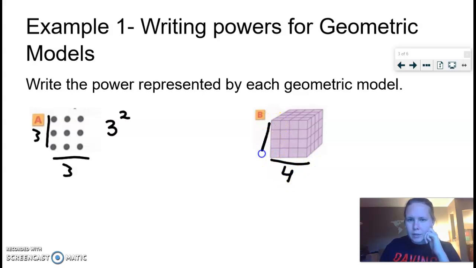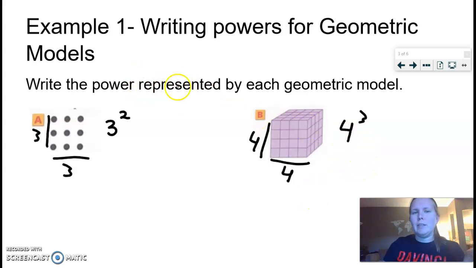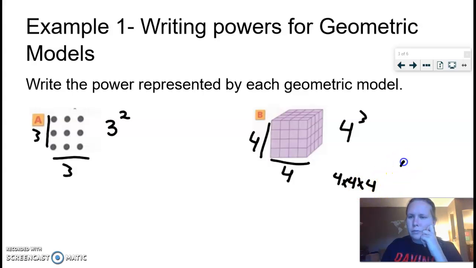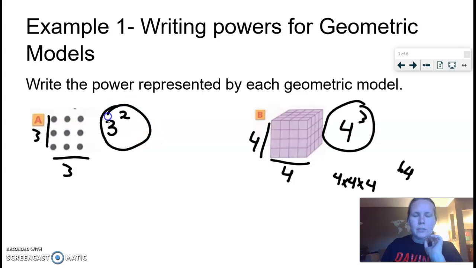This is 4, and this is 4. So in this case, I'd have 4 to the third. I'm curious what 4 to the third is. 4 times 4 is 16, times 4 then, 64. But keep it in terms of the power. So these are your solutions.